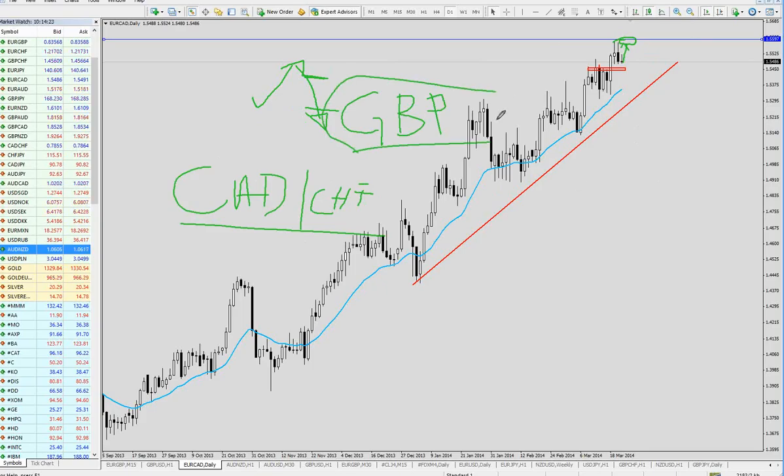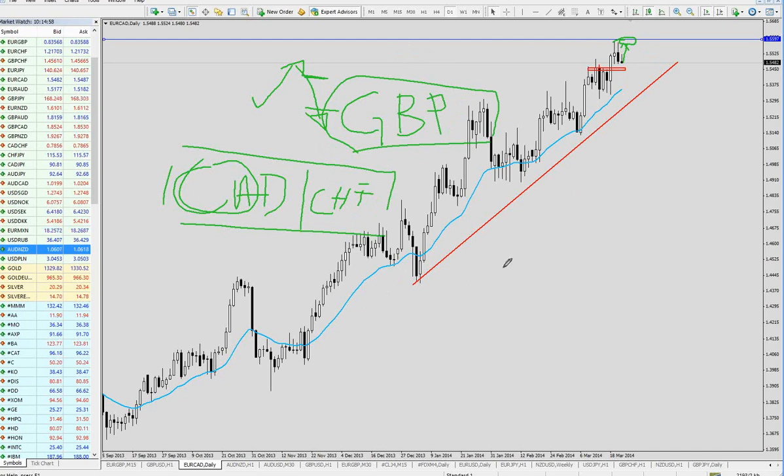So the question we have to answer ourselves is, if we want to go long Canadian dollar for some profit taking, or maybe they want to build a new long Canadian position, whatever. If we want to go long Canadian, there are two ways. We can check which of those is the weakest, I mean British pound, Swiss franc, or euro, and then choose one, or we can build a basket relative to the number of positions.